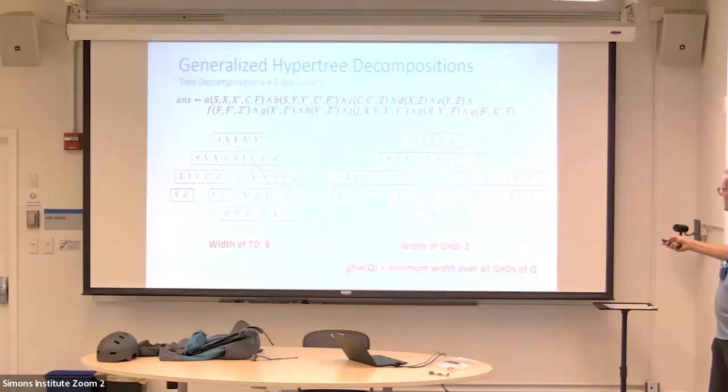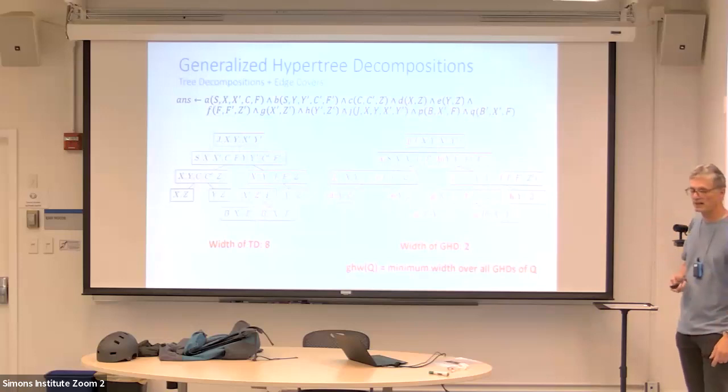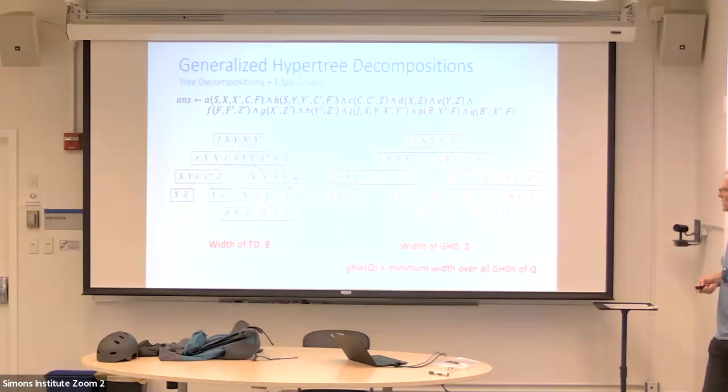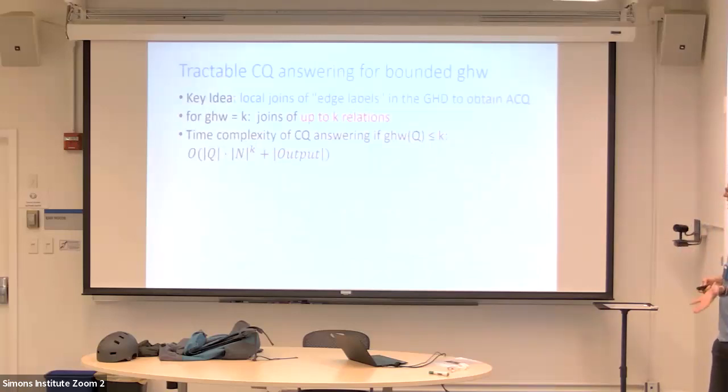So the edge label corresponds to atoms, and we can join these atoms, and what we then get is a conjunctive query. Okay, in addition, we also have to add as leaf nodes additional nodes which consist of exactly the atoms here. Yeah, but then we really have an acyclic conjunctive query, and we can apply Yannakakis algorithm.